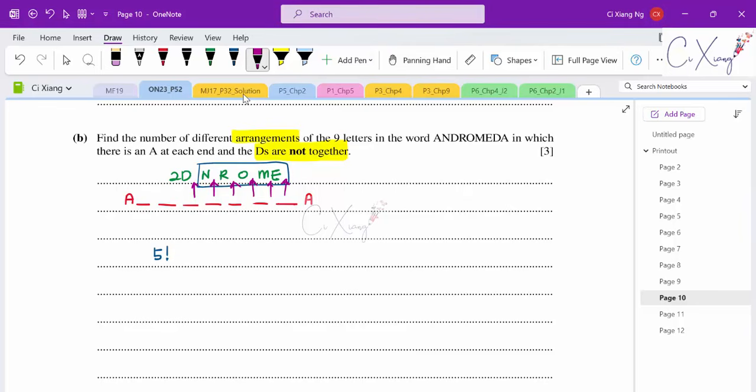So when you want to calculate the number of arrangements, it should be 6P2, which means that 6 places available, you want to arrange 2D inside the 6 places, right? But these 2D are identical, therefore you have to divide it by 2 factorial. Then after that, again, try to simplify your answer. By right, you should get 1800.